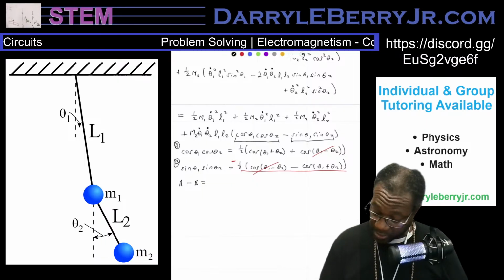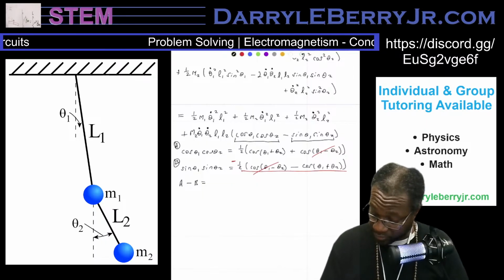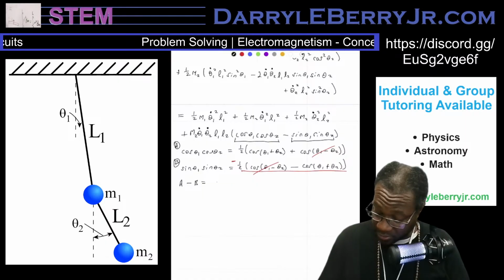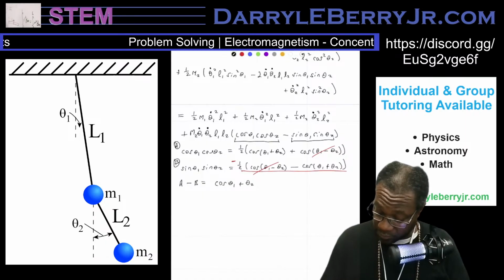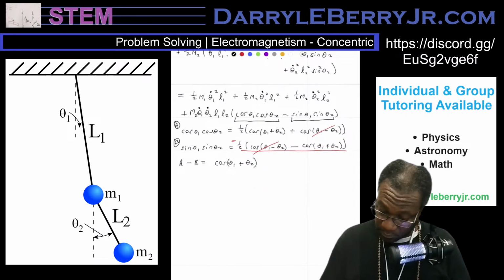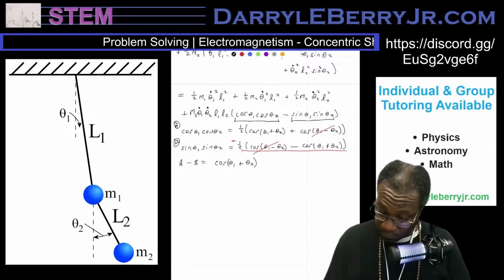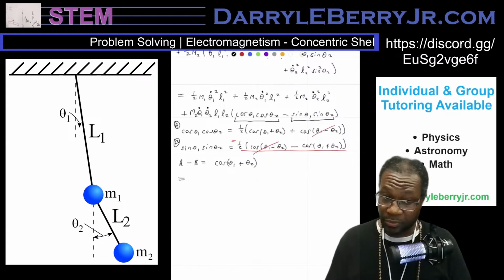So it ends up being 1 half cosine theta 1 plus theta 2 plus 1 half cosine theta 1 plus theta 2. So it ends up cosine theta 1 plus theta 2. So going back to our original problem.